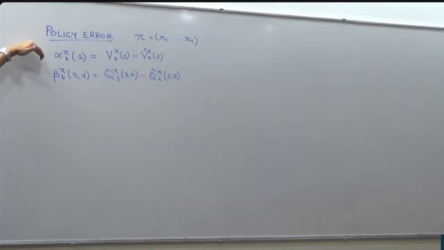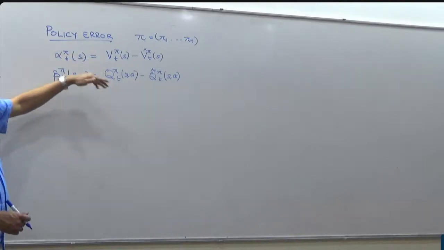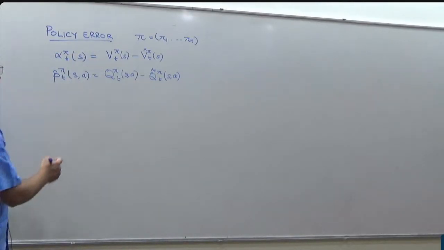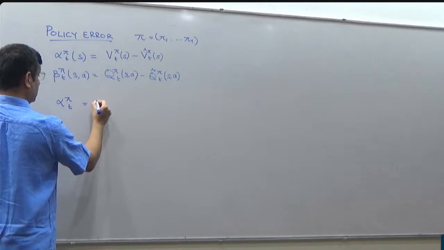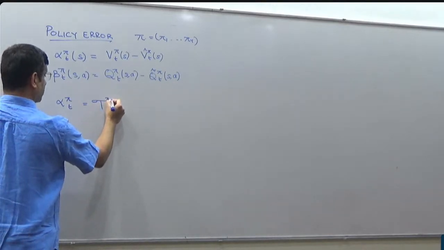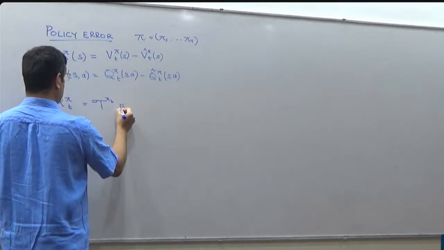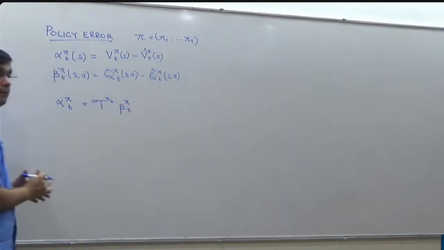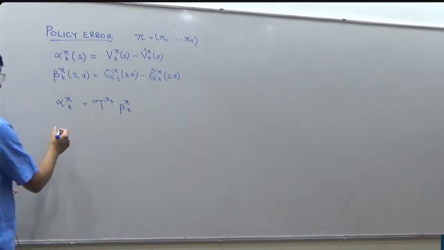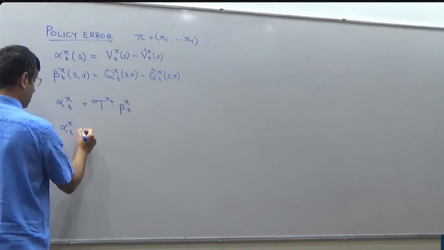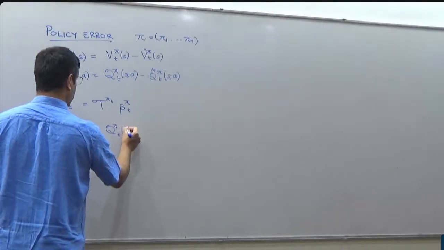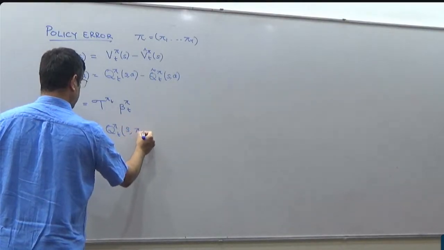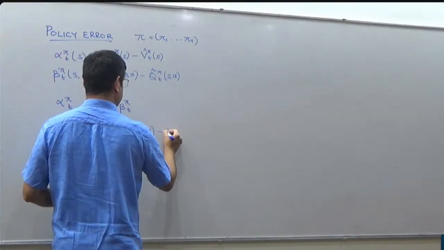Right? And we had shown norm of alpha pi is less than norm of beta pi because the dynamics operator was non-expansive. While in this case, I can write alpha pi_t is really the action selection operator of pi_t applied to beta pi_t. Or in expanded form, this is q pi_t of s, pi_t of s minus q hat.